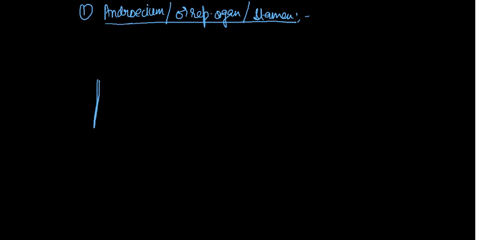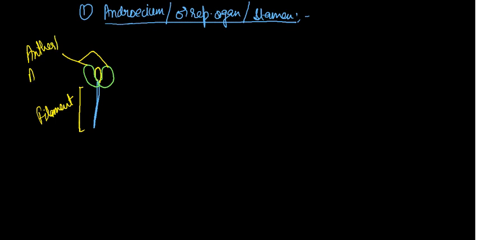In that, the middle one, and this one is the rest. If you see, the androecium part is divided into parts: this part is called the filament, and these two parts are called the anther, or anther lobe.